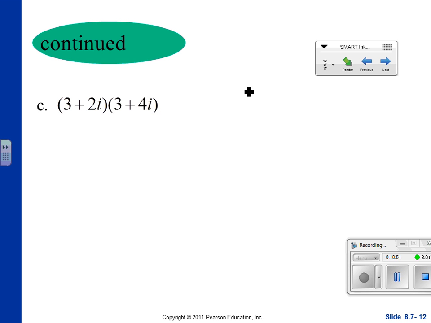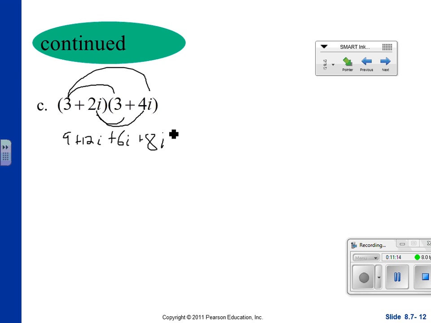Let's try another example. FOIL this, we get 3 times 3, which is 9, outer, plus 12i, inner, plus 6i, and last, plus 8i squared.